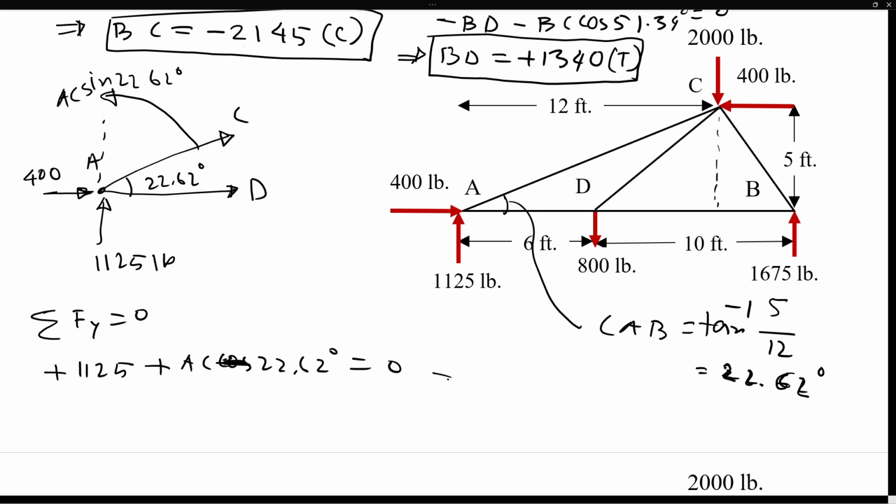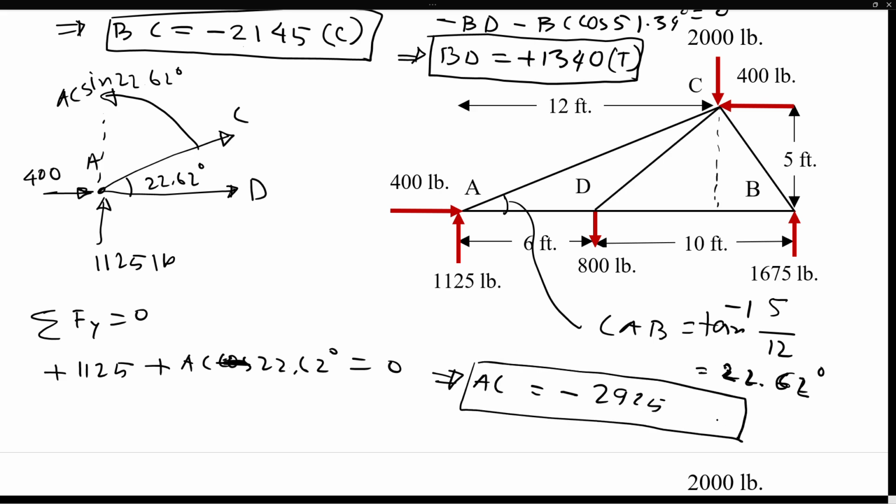Then I found AC is equal to minus 2925. Now again, the plus minus is not really that important. What is important here is is it in tension or compression? Now the point we are looking at, in this case, we are looking at point A. If the force is compressing point A, then it's in compression.